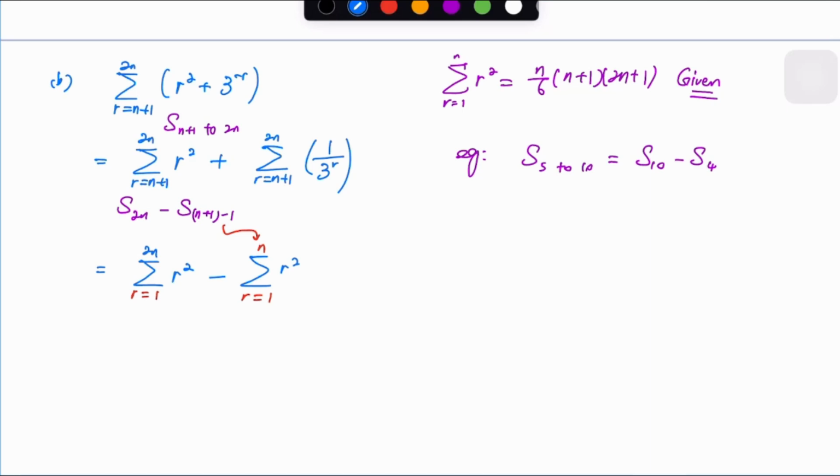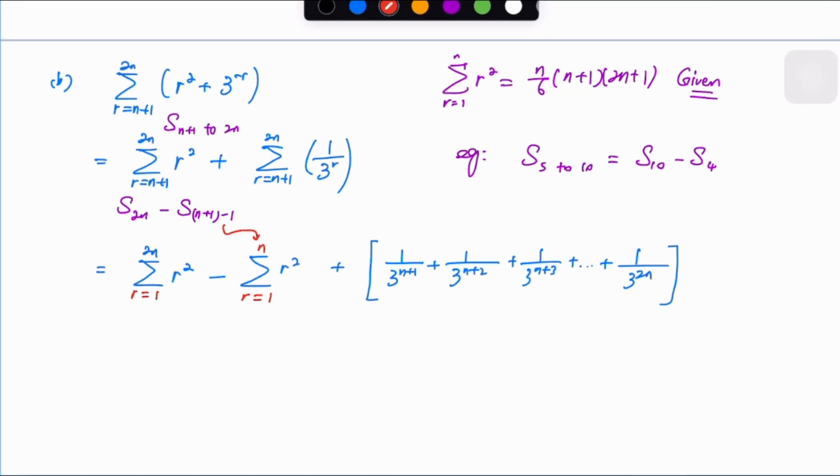The next one, if you see, is actually the sum of 1 over 3 to the power r. So 1 over 3 to the power of n plus 1, 1 over 3 to the power of n plus 2, 1 over 3 to the power of n plus 3, and so on until 1 over 3 to the power of 2n. What pattern is this?